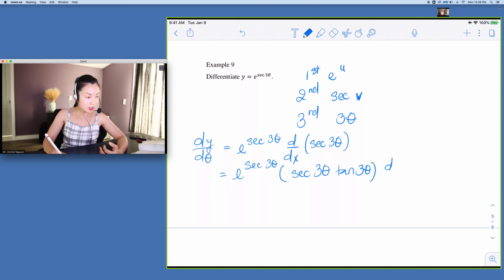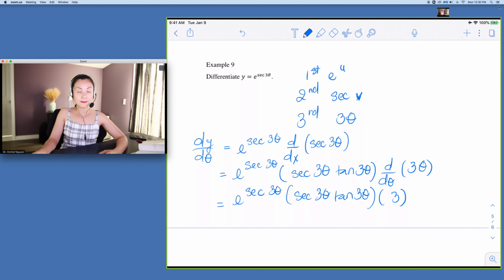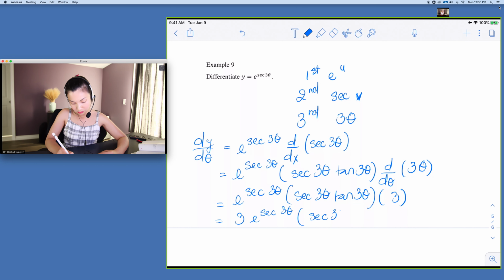And then you have to multiply by the derivative of 3 theta, which is just 3. So e to the secant 3 theta, secant 3 theta, tangent 3 theta, multiplied by 3. Okay, and then you can just simply bring the 3 to the front to make it look nice. And that's our final answer.